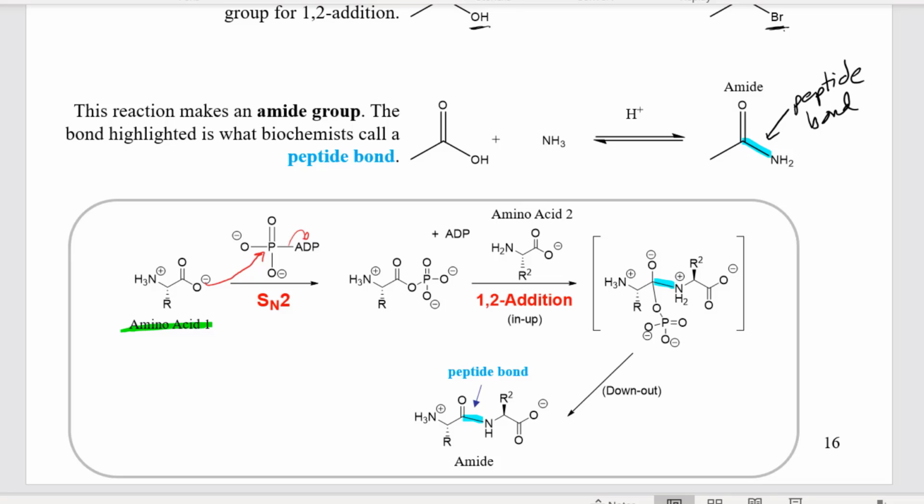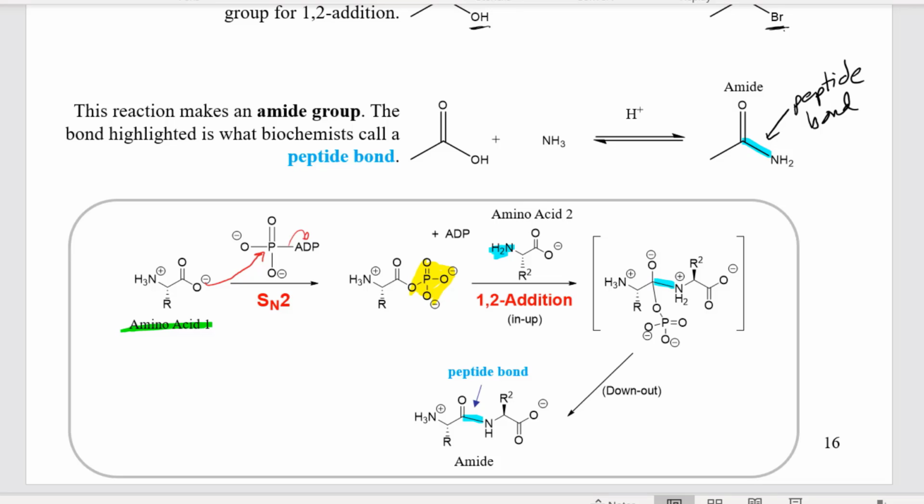So that leaves as ADP, because it was ATP. Now it's leaving as ADP. And now you've got this big group that's going to be your better leaving group. So this whole system right here is your good leaving group. And what you're driving on is the amine of another amino acid, number 2.